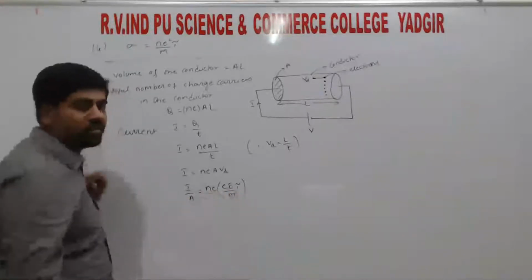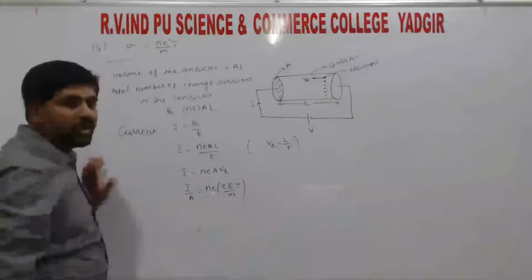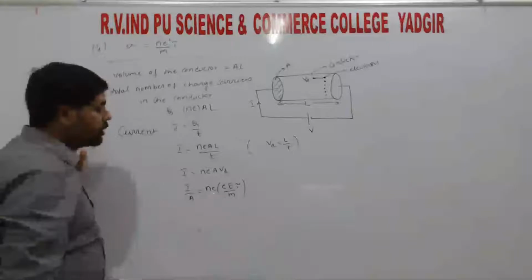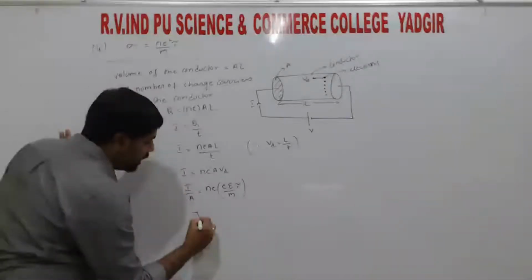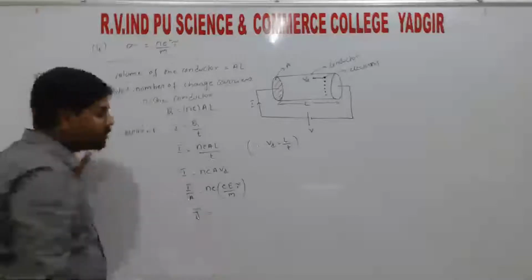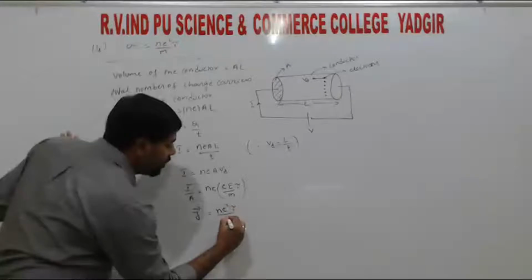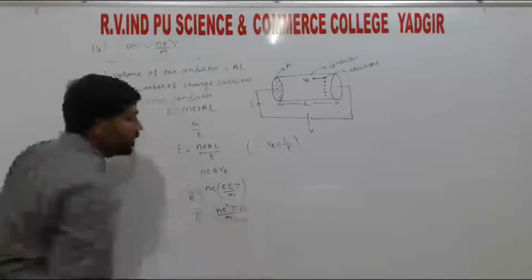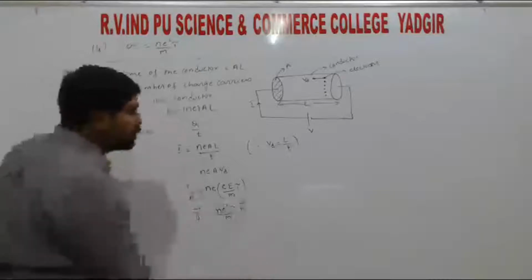Initial velocity is 0, so the final velocity is the drift velocity, that is E tau divided by m, right? So I by A, the current density J, is equal to N E square tau divided by m into E.